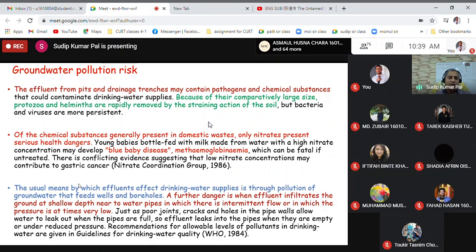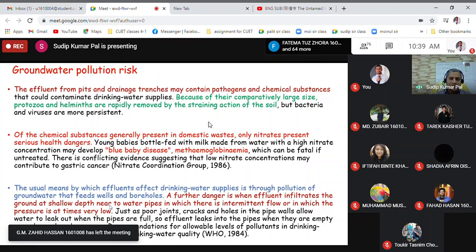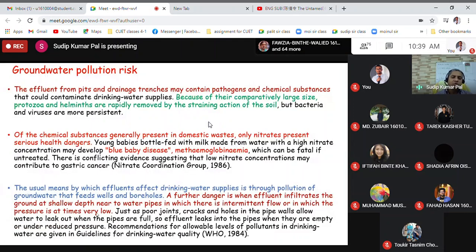In the third paragraph, we are showing you that the usual means by which effluents affect the drinking water supply is through the pollution of groundwater that feeds wells and boreholes. A further danger is when effluent infiltrates the ground at a shallow depth near water pipes in which there is an intermittent flow or in which the pressure is at times very low.